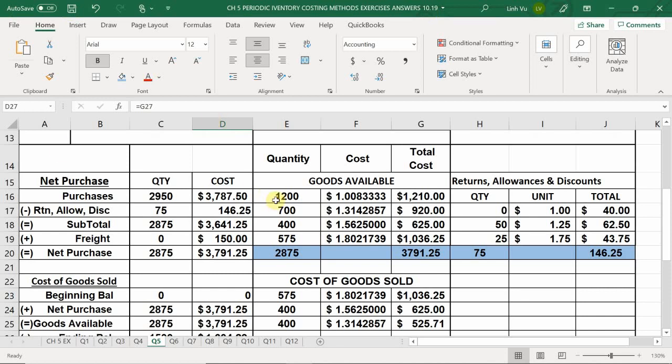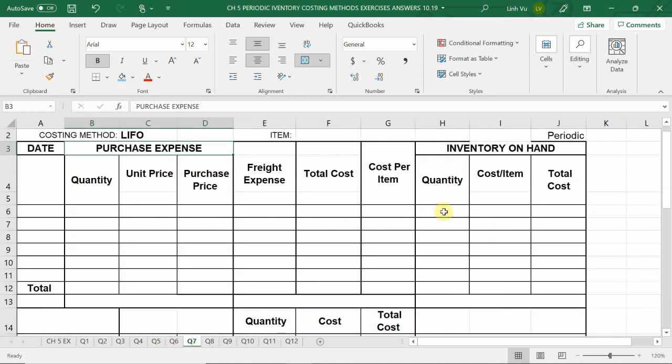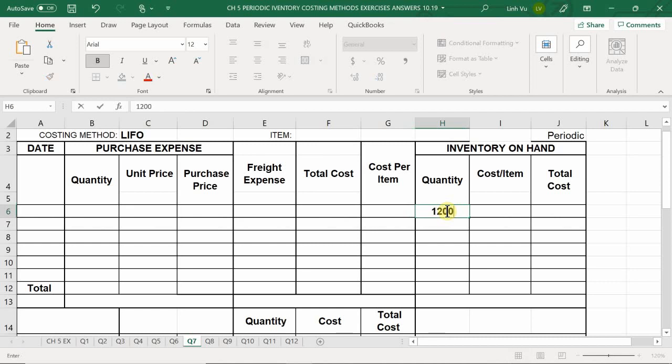So I'm going to carry it over exactly how I purchased it: my 1,200 items, and I have 300 from my previous batch.